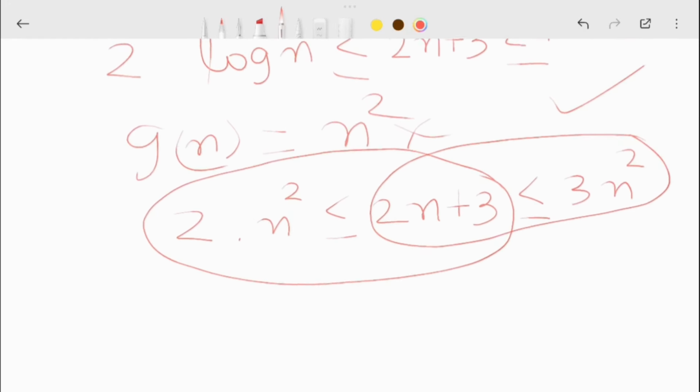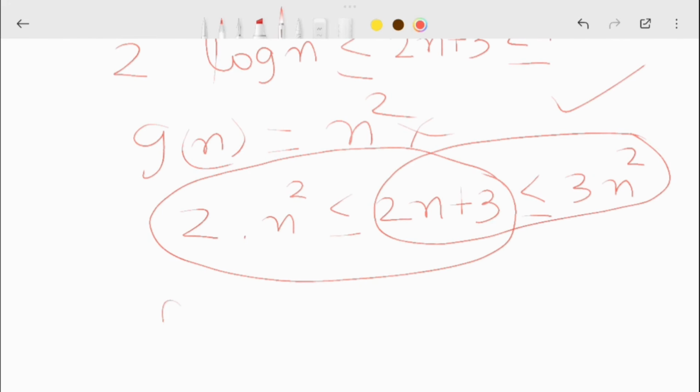So the exact bound of this function f of n is theta of n. We cannot say theta of log n, or theta of n square.